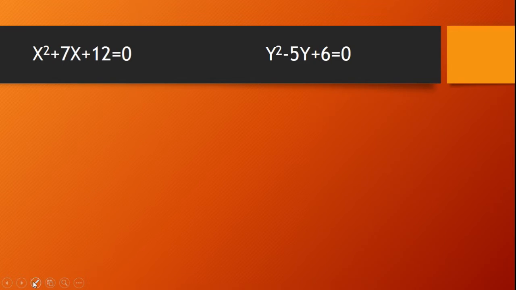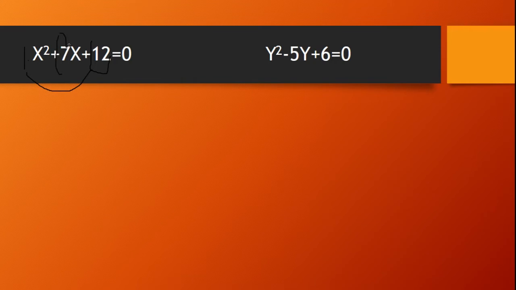So here is x square plus 7x plus 12. For this we have to take 12 and 1 here, multiply these two and make this 7.